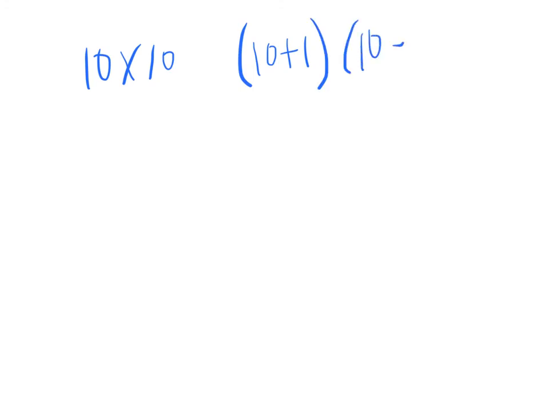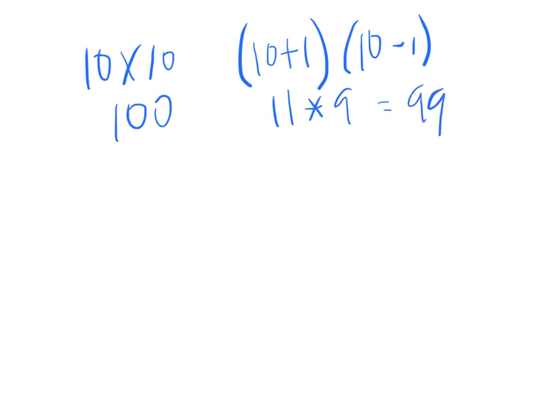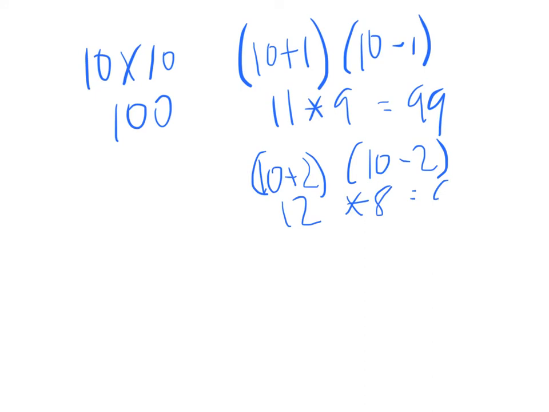Well, what about for 10 times 10? 10 plus 1, 1 more, 10 minus 1, 1 less. 11 times 9, and it's exactly 1 less. So instead of 100, we get 100 minus 1, 99. What about if we add 2 and subtract 2? So 10 plus 2, 10 minus 2, we get 12 times 8, 96.